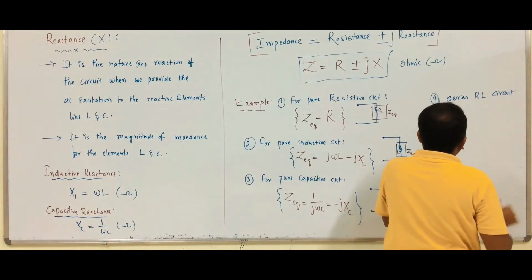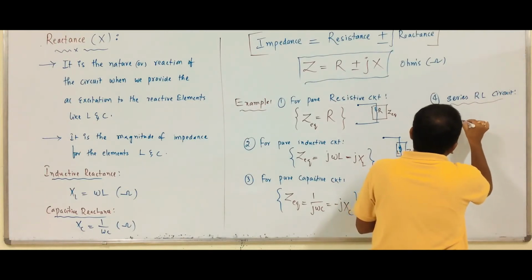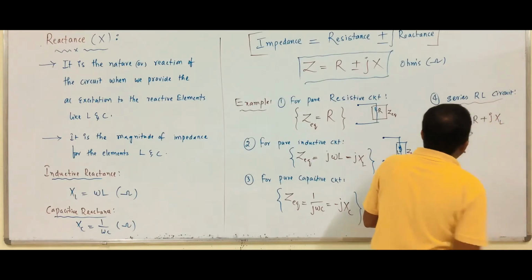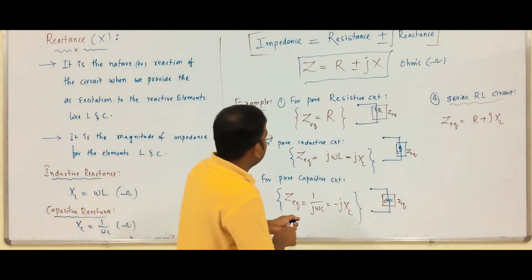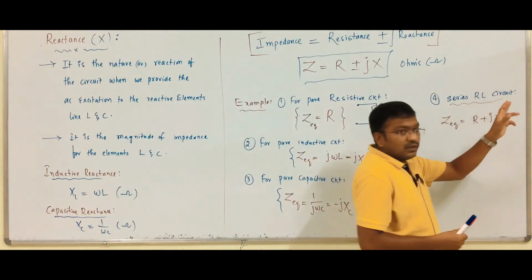Then what is the impedance for this series RL circuit? For this, Z equivalent is equal to R plus jXL. See, this is for example Z1, Z2, series RL circuit, right?